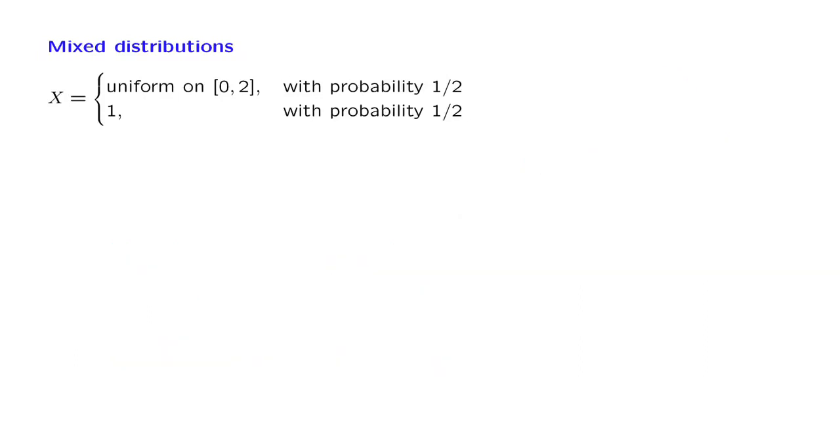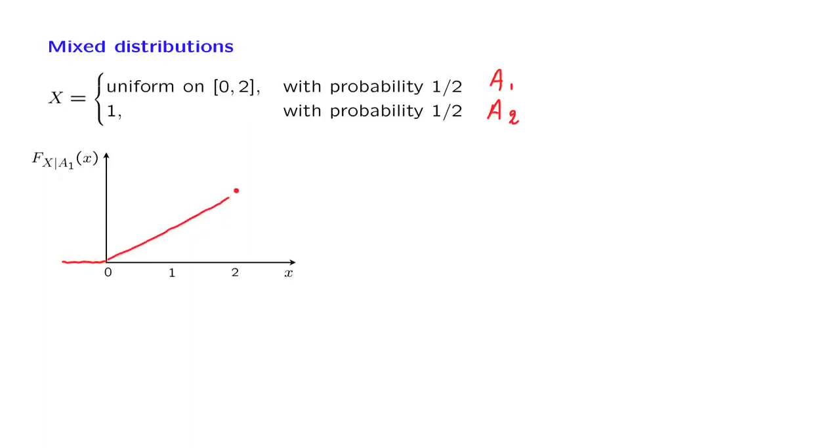Going back to our original example, we have two scenarios, that we can call A1 and A2. Under the first scenario, we have a uniform PDF, and the corresponding CDF is as follows. It's flat until 0, then it rises linearly, and then it stays flat, and the value here is equal to 1.